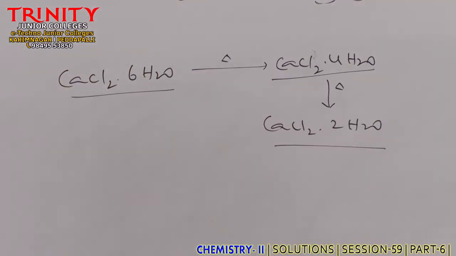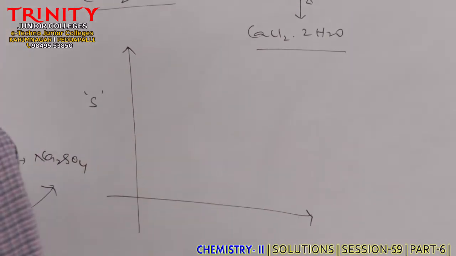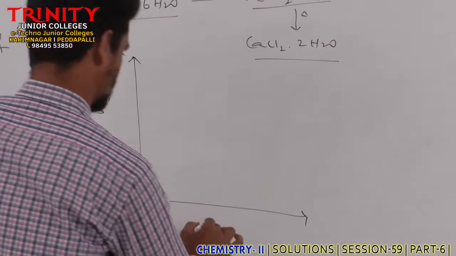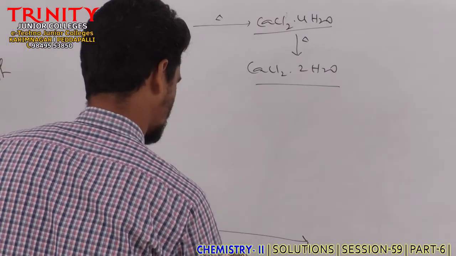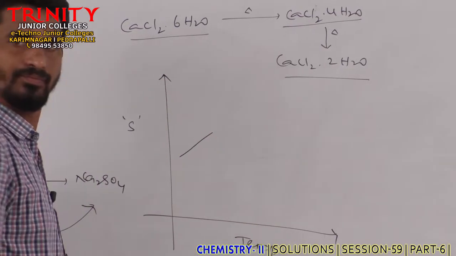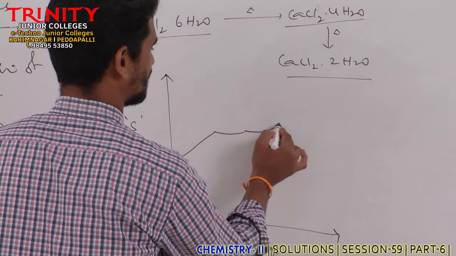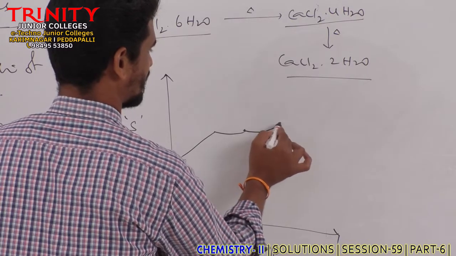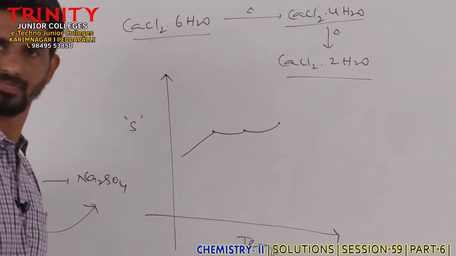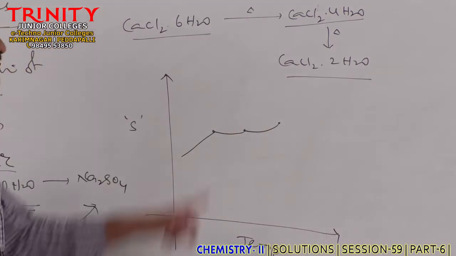That's why the solubility graph of CaCl2 6H2O with the change in temperature increases with the increase in temperature, and after that decreases, then decreases again, like this. There is a deviation in the graph. Why is it showing deviation? Because of change in physical form.